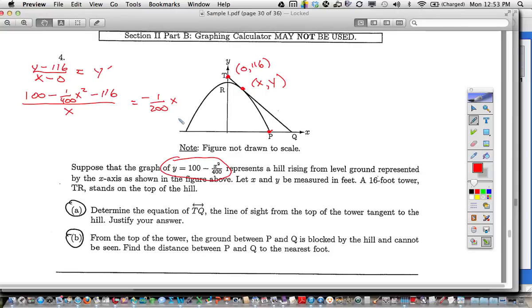Now this is no calculator though. So yeah, you'd love to put this in and do a solve right now. But you really can't. I'm going to leave the rest of it. I'll just tell you, multiply x over to the other side. Clear those fractions out of there, maybe multiply by 400 or something. And then it becomes a pretty easy equation to solve. But again, that's Luke Skywalker.